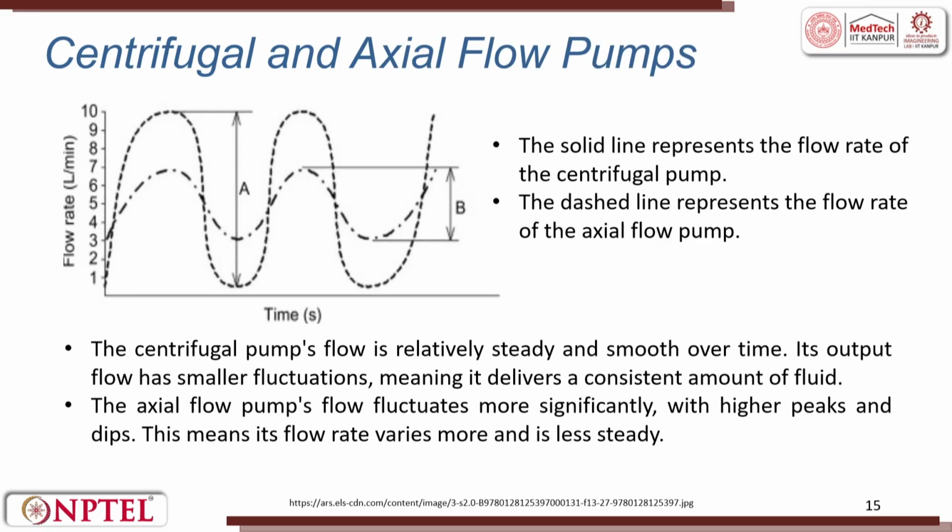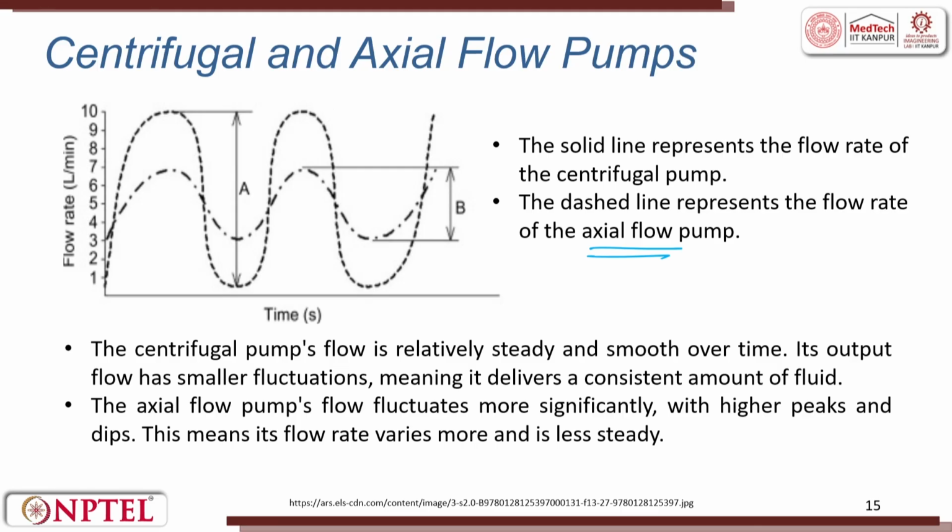So, for the centrifugal pump and axial flow pump, when we plot flow rate against time, this is the response we get. The solid line represents the flow rate of the centrifugal pump, whereas the dashed line represents the axial flow pump. From the graph, it is clearly visible what the response of each is with respect to time.